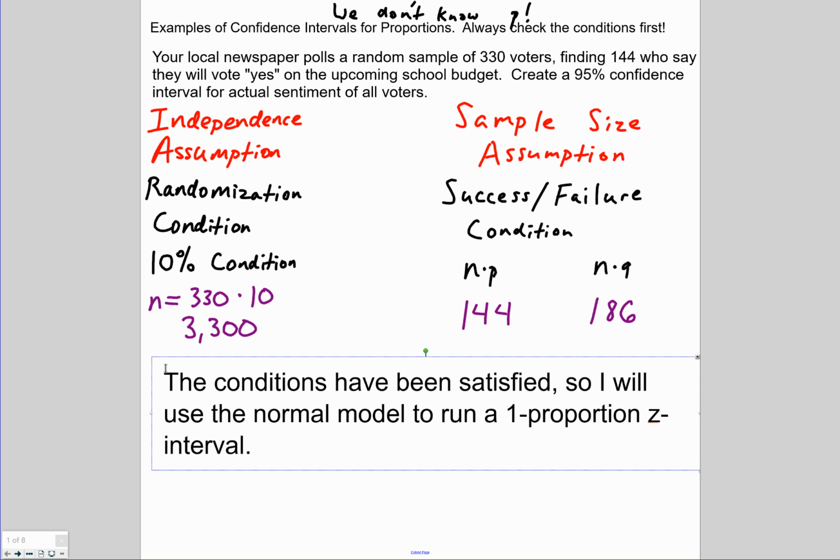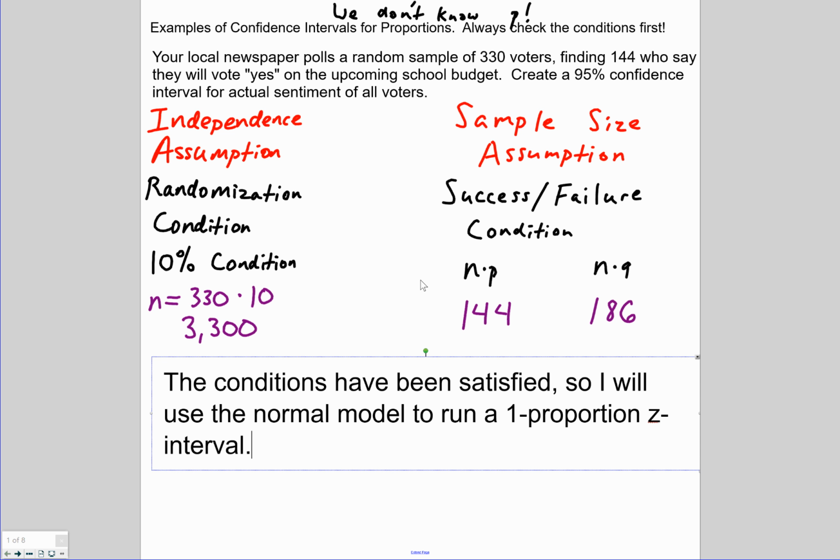Basically that's a sentence that tells anyone reading, hey, I've done my due diligence, I've made my two assumptions, I've checked the necessary conditions, everything seems okay, here's what I'm going to do. Any questions on what that statement is saying?